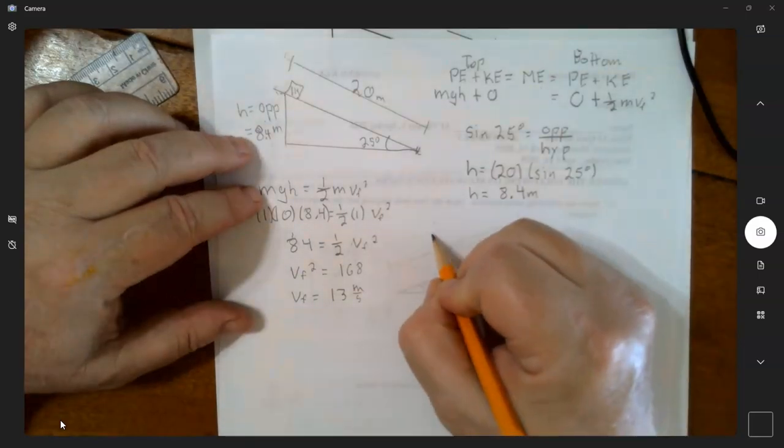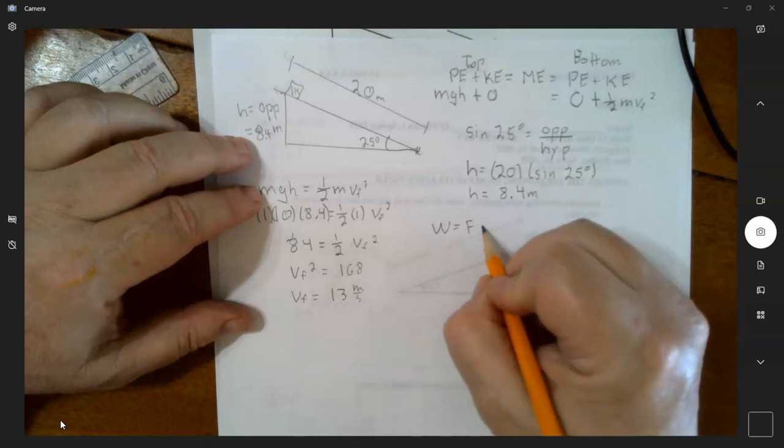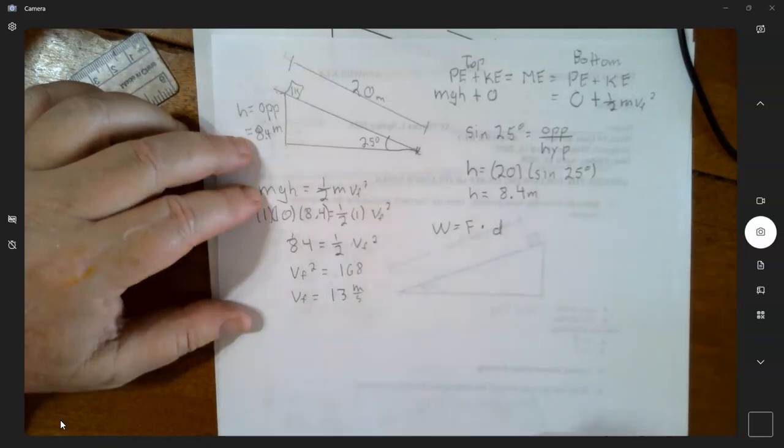Okay, so let's go ahead. So work equals force times distance. And the force is mg sine 25, so that's 4.2 newtons. I should write it here. Equals 4.2 newtons of force.